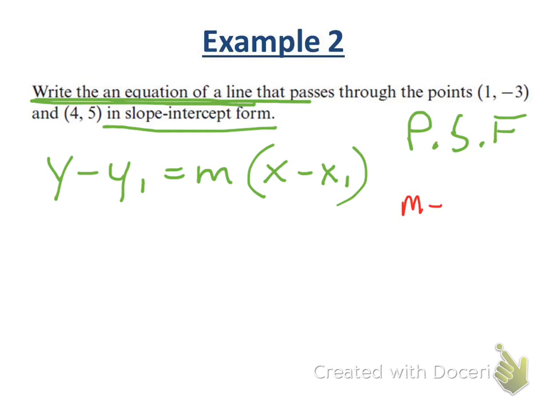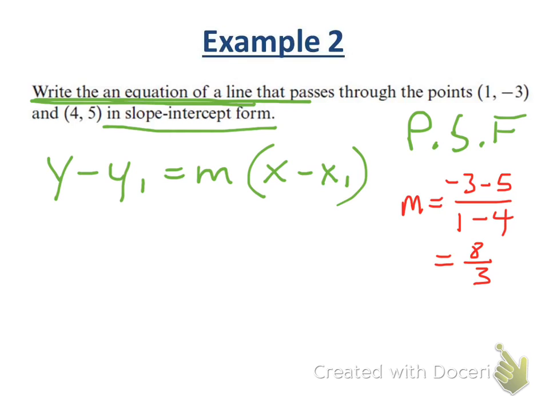The slope of this line is equal to the change in our y values over the change in our x values. That's equal to 8 over 3, which is 8/3. Now we need to pick a point. Which one do y'all want to use?